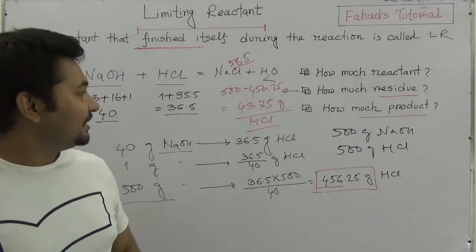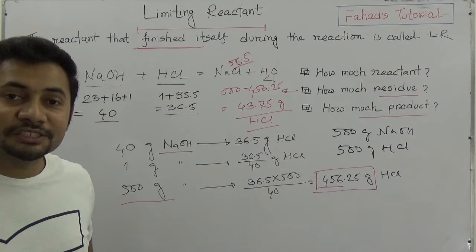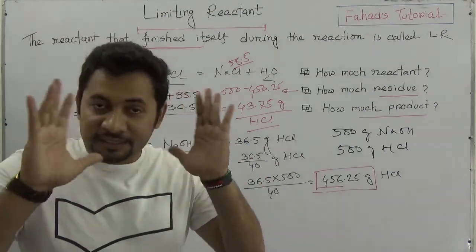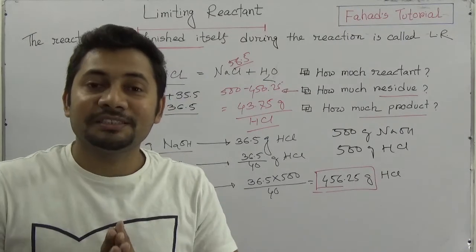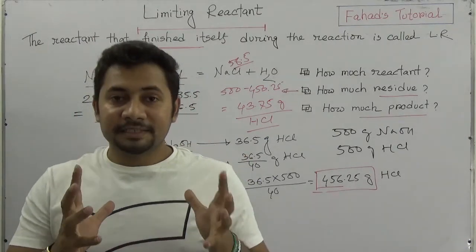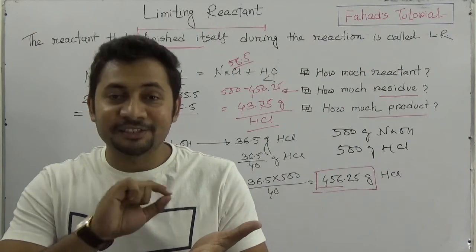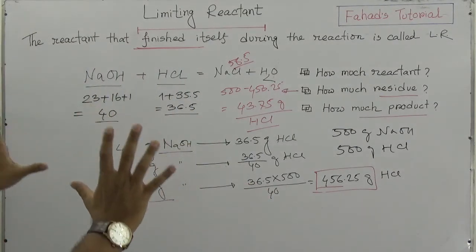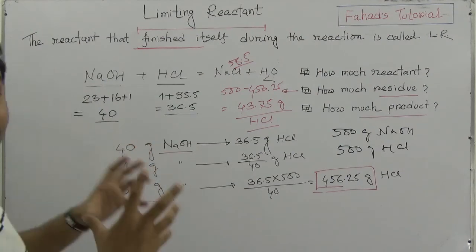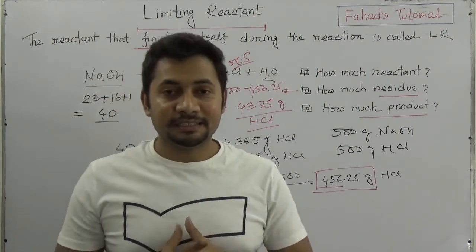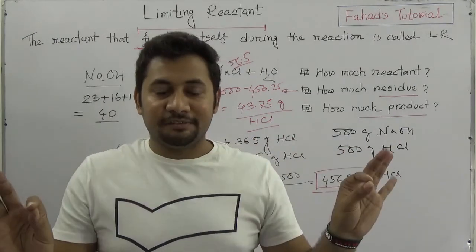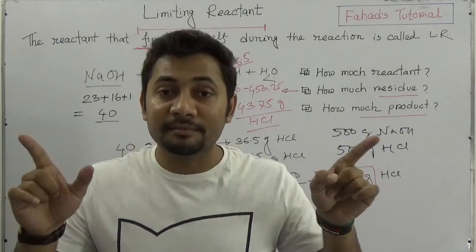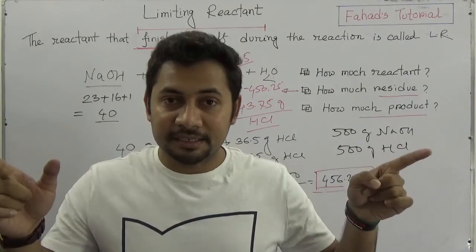So I think it's not much complex, but if you are watching this video, I request you to make some problems in your mind and then solve them. And then the technique that I'm giving you, the idea of how to find the limiting reactant when the data is given: first thing you need to do is the chemical balancing, the reaction balancing.